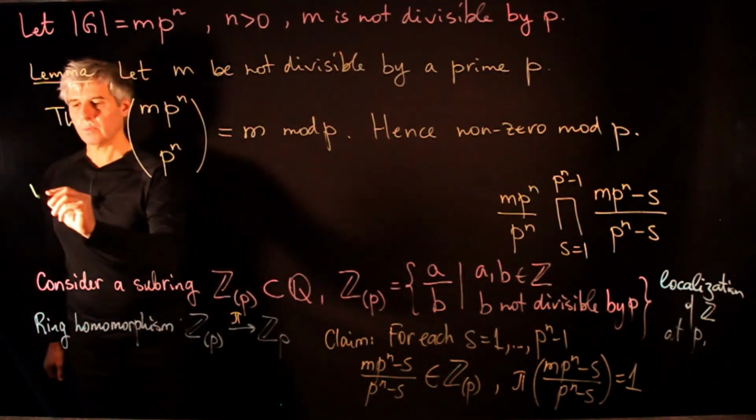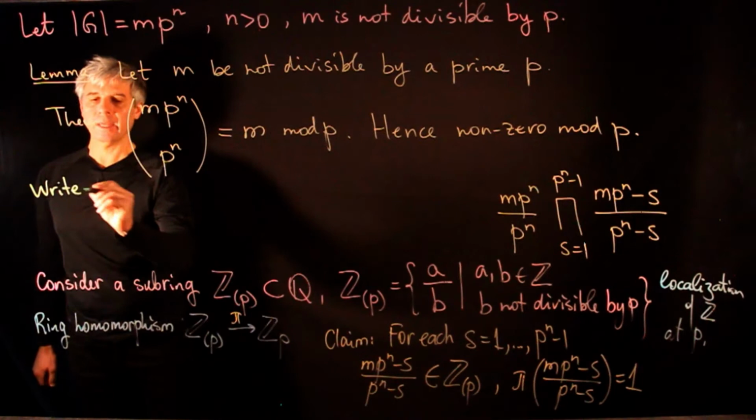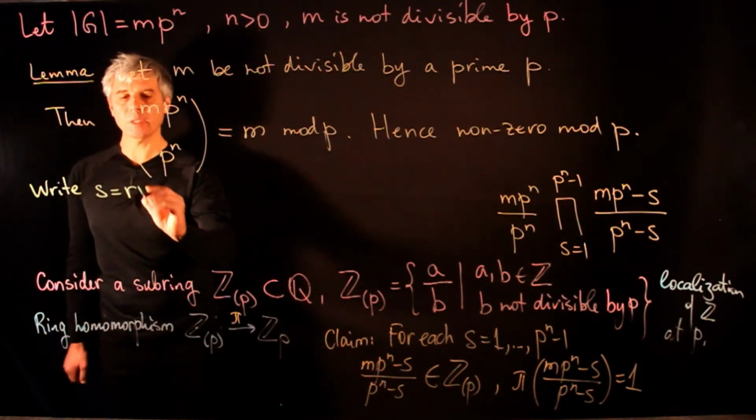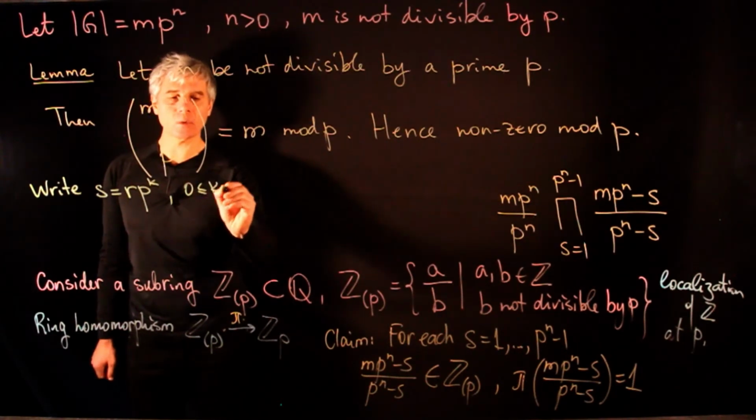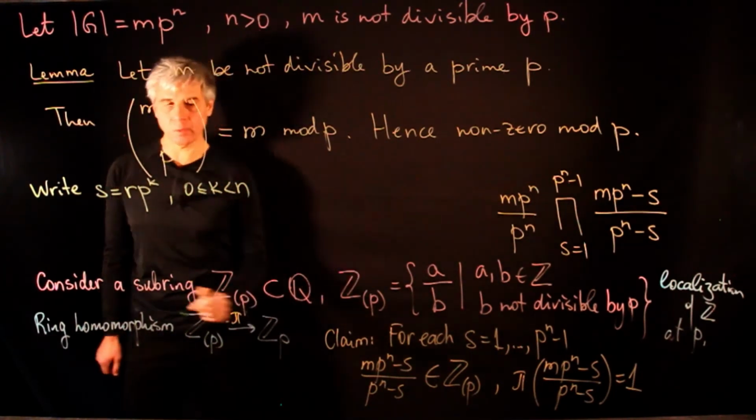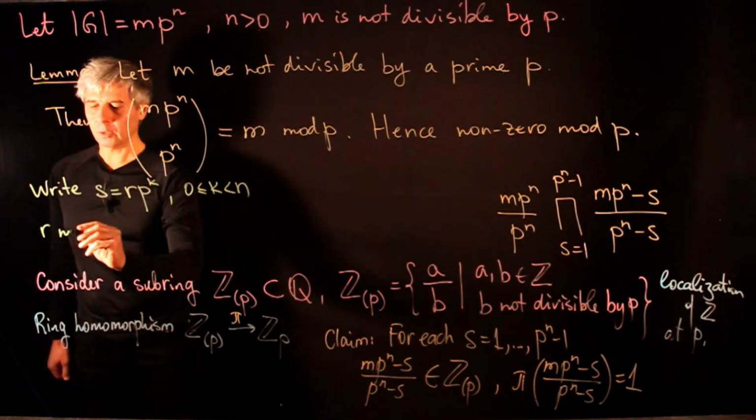To prove this, we just write s as r p to the power k, where k is between 0 and strictly less than n, obviously, and r not divisible by p.